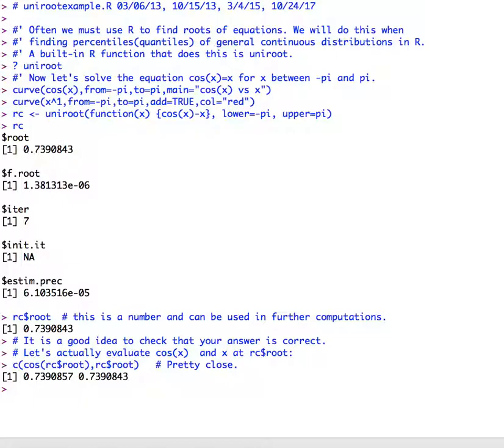Okay, so now let's solve another problem. This case will work a little differently. We want to find the 74th percentile of the standard normal distribution. In other words, we want to find the value of k such that pnorm of k, remember that's the cumulative distribution function of the standard normal, equals 0.74.